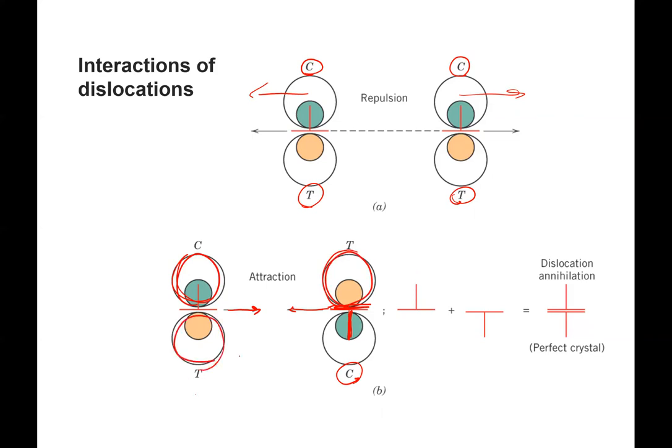Same on the bottom, the tension now is going to cancel with the compression. And so when these come together, they're going to annihilate. Now we've got an extra half plane on top and bottom. In other words, we've got an extra full plane. So we do get interaction between dislocations. And what we were seeing in that figure before were dislocations of like sign.